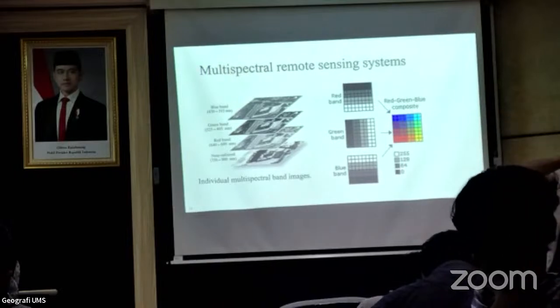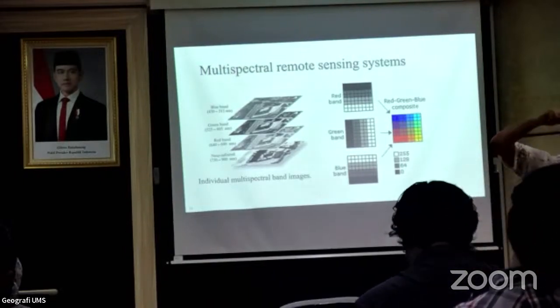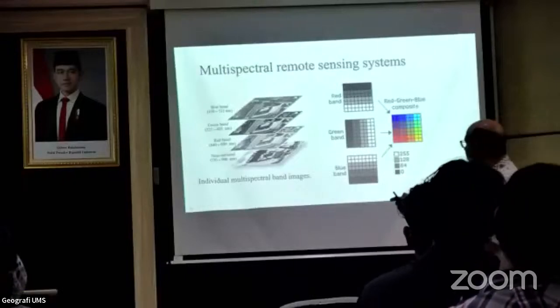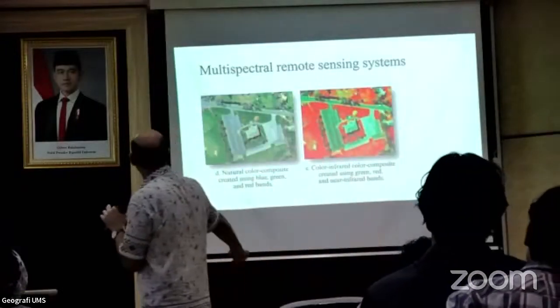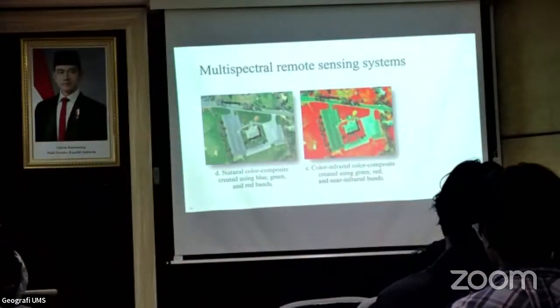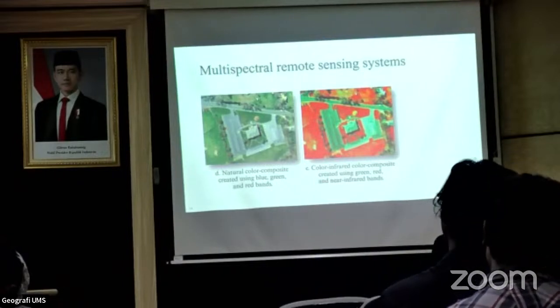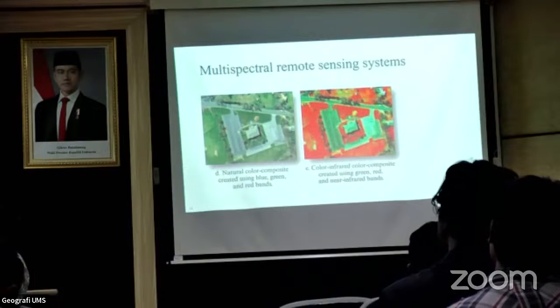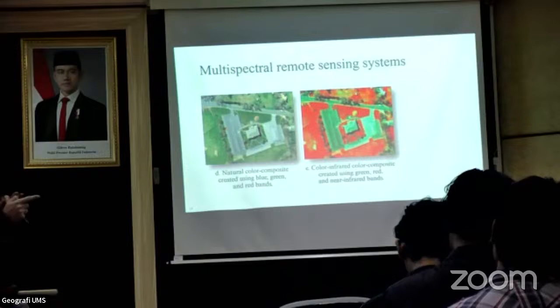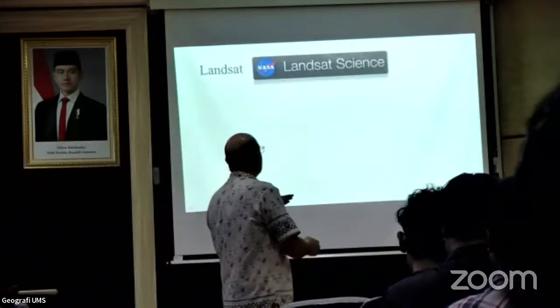We are capturing different wavelengths, 1, 2, 3, 4, 5, 6, 7, 8, with different segments capturing them. Here we have multiple segments in a remote sensing system, and we have infrared and red range. That's the light wavelength, and from the light range we go to different bands.